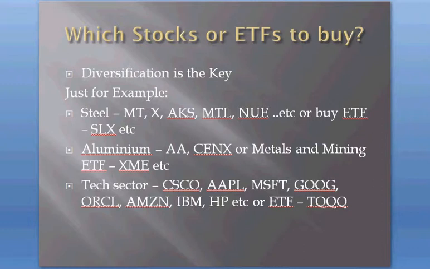In steel, there are ArcelorMittal, United States Steel, but instead of buying all of them, you can buy the ETF SLX, and you are buying a few percent of each of these stocks. Sometimes these ETFs give dividends as well, and sometimes their price fluctuation is not that good.